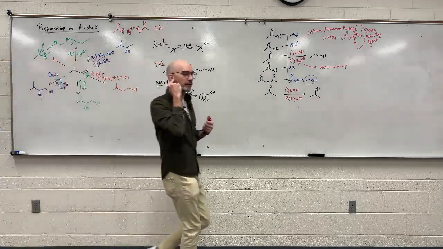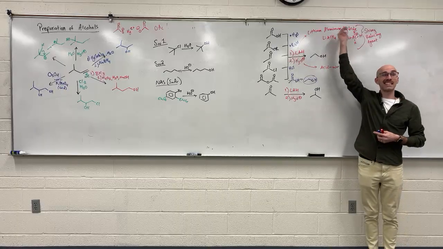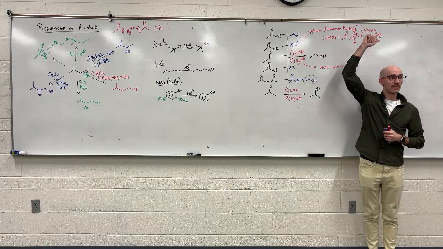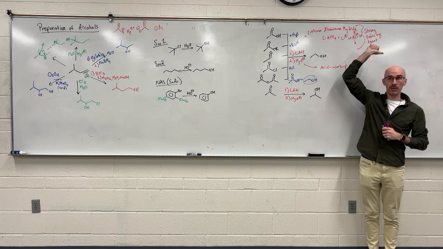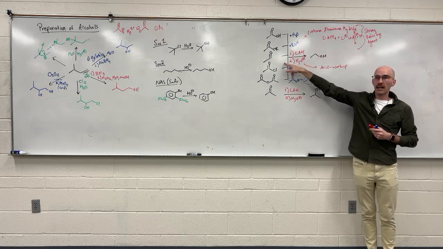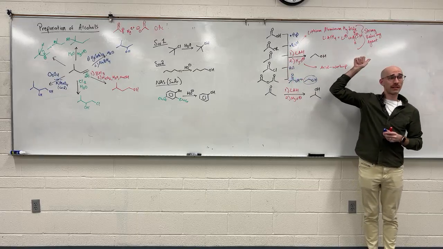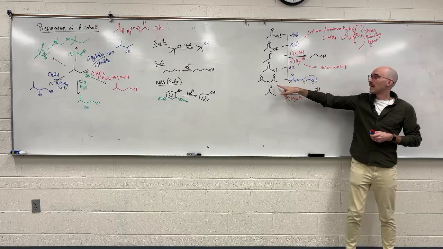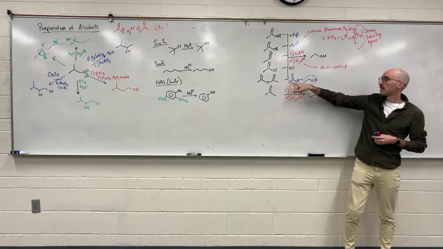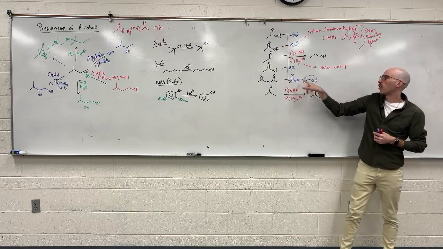So I want to phrase it like this. Carboxylic acid has a leaving group. Water leaves. Ester has a leaving group. The carbonyl carbon kicks off a group. The aldehyde does not have a leaving group. Acid chloride, chlorine acts as a leaving group. The acid anhydride actually has a leaving group that forms a compound that can also be reduced.